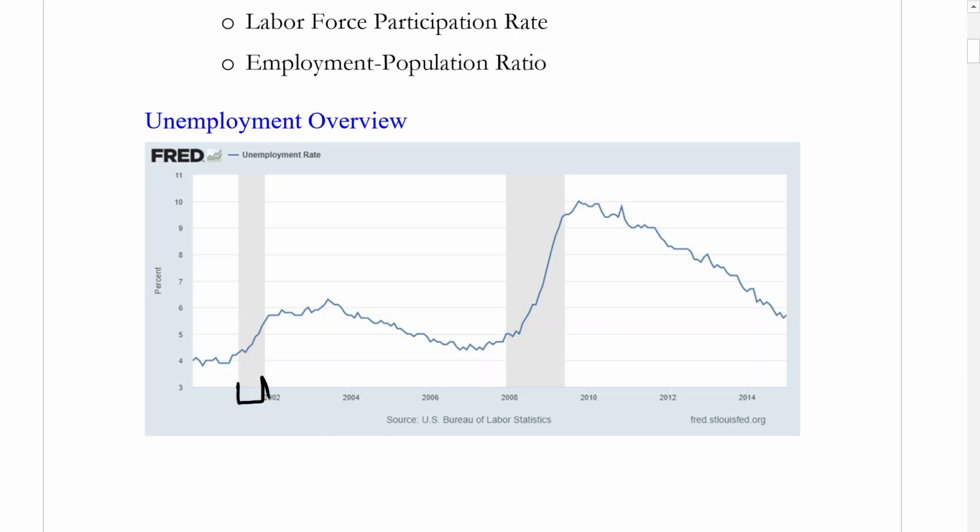The gray bars here represent recessions. So when we have drops in GDP and we get designated a recession, here we have the Great Recession after the financial crash, subprime mortgage collapse in 2007 until 2009. Here we had a little recession there at the end of 2001.